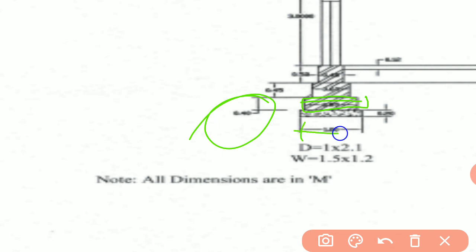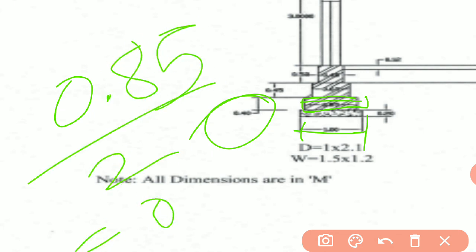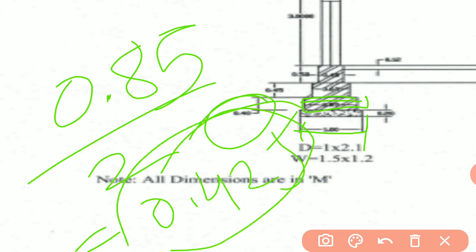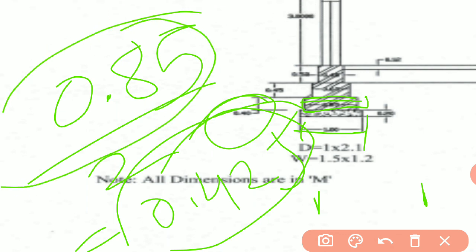So this is 1 meter, and the step above over there is 0.85. So divided by 2 we get 0.425. Okay, so we are going to add 0.425 from one side and 0.425 from the other side. So in short, we are going to add one width of wall.